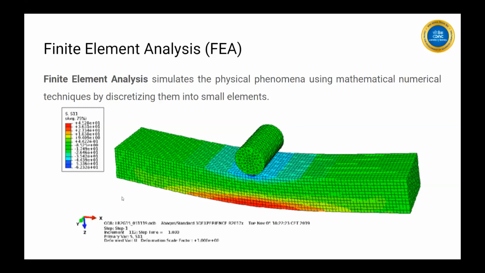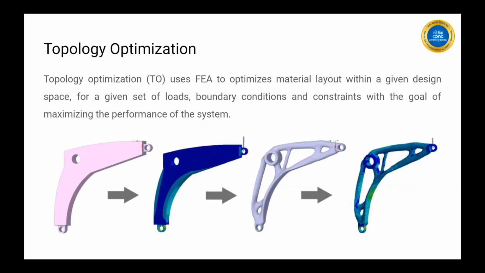So topology optimization is something which is derived from FEA. Jumping into topology optimization: it uses FEA, finite element analysis, to optimize the material layout within a given design space, that is topology, for a given set of loads, boundary conditions and constraints, with the goal of maximizing the performance of the system.